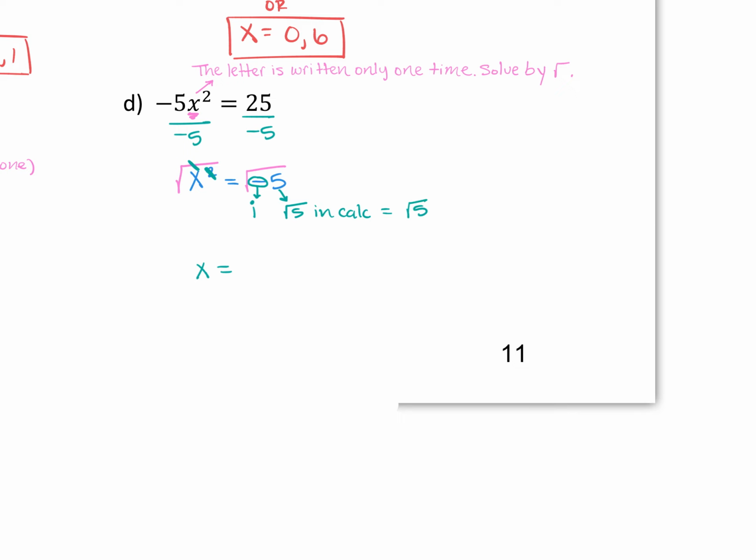So it doesn't simplify. But the way we write this is we put the i in front of our square root of 5. And because we're solving by square roots, there's always a positive and a negative. And so your answer is i root 5 and negative i root 5.